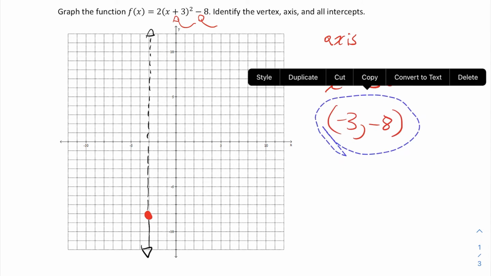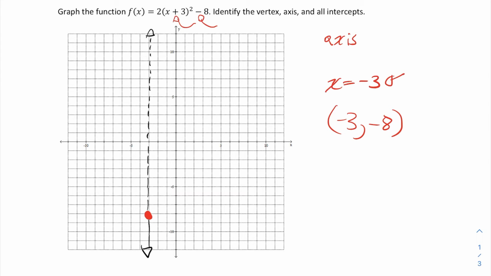So if I want to find, for instance, the x-intercept, or could be plural intercepts, then I'd have to let y, the entire function, equal 0. So that's 2 times x plus 3 squared minus 8.